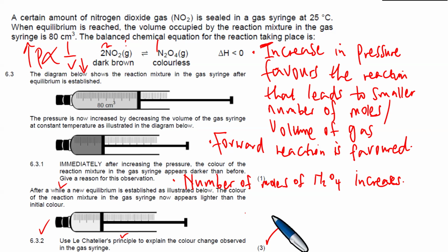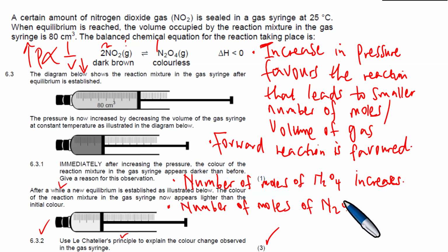Okay, but another student can come and say, hang on, but I have a different answer. I don't want to speak about N2O4. I want to speak about NO2. So the student is going to say, alternatively, we can say the number of moles of NO2.